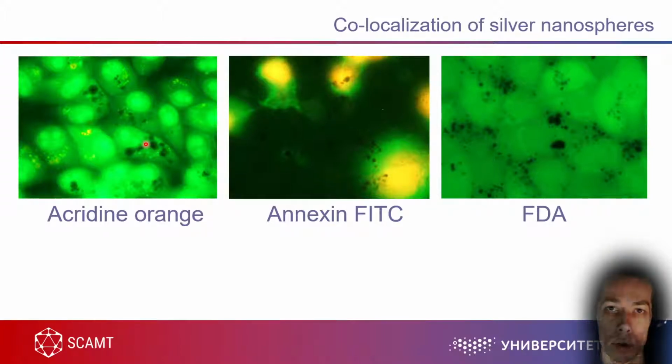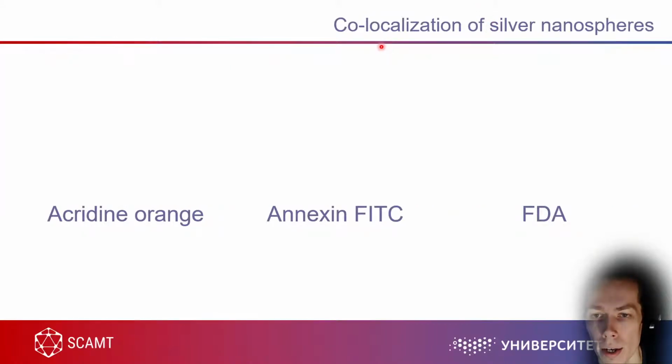So where is the nucleus, for example, located? And here you cannot see this because you see no nucleus, you see no membranes, in some cases you see no difference between cells. So it's just a lot of staining of everything inside the cell. So when we are talking about co-localization, it's important to pick the right dye for cell staining.